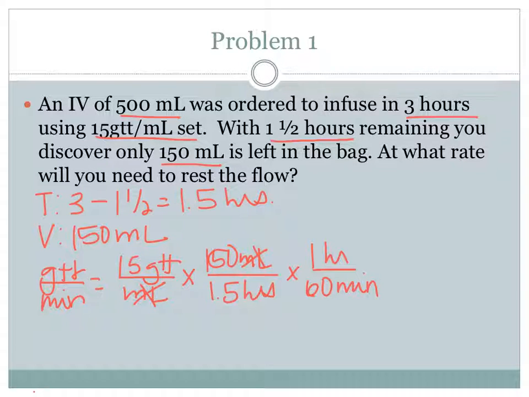Remove the common numerators and denominators, and multiplying 15 times 150 divided by 1.5 times 60 should give us the answer of 25 drops per minute.